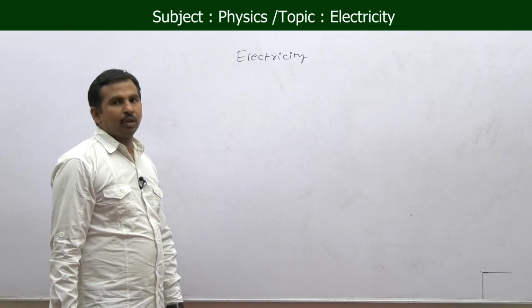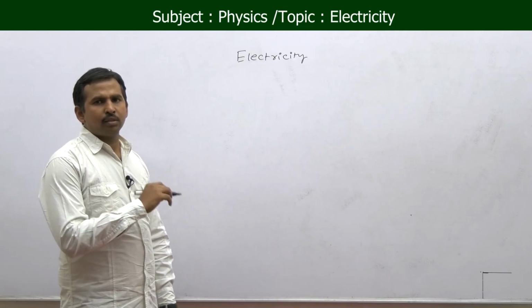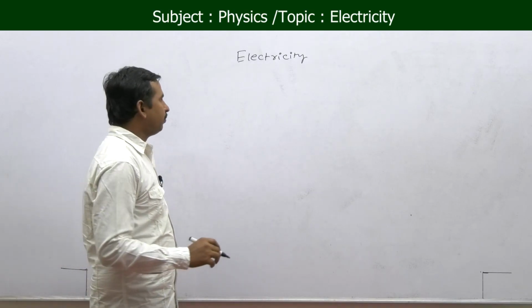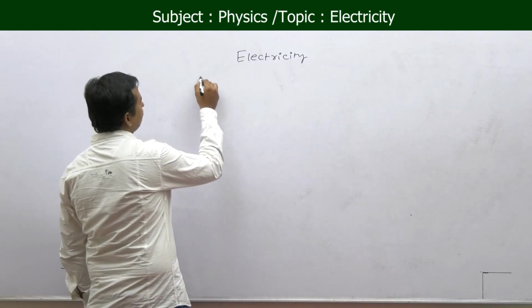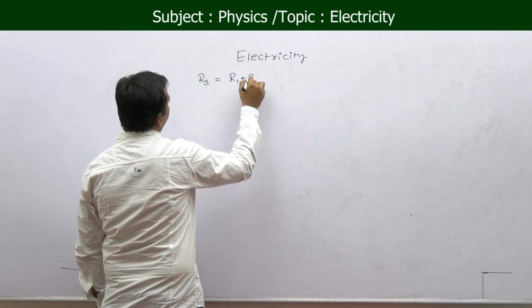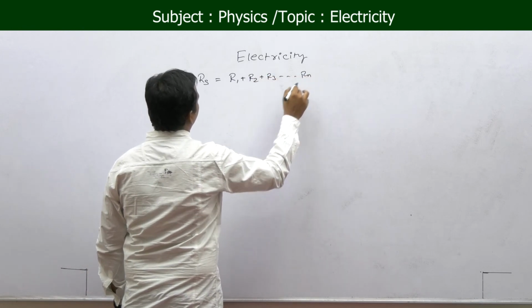Now we will see how to apply this parallel and series connection in numerical problems. As we saw, whenever resistance is connected in series, we get the final value R1 plus R2 plus R3 and so on up to Rn.